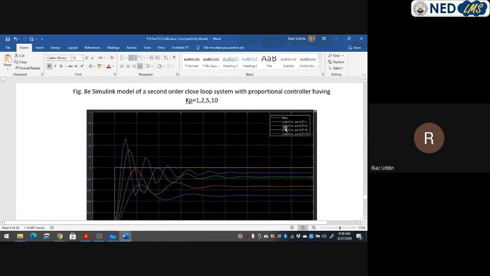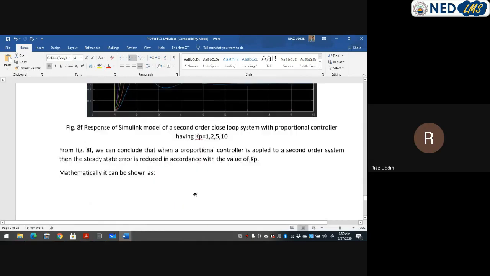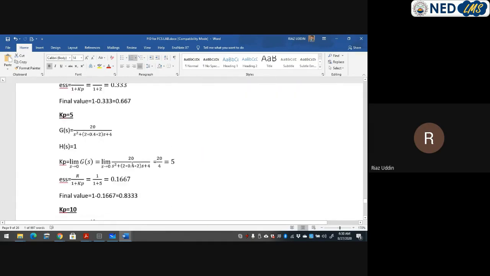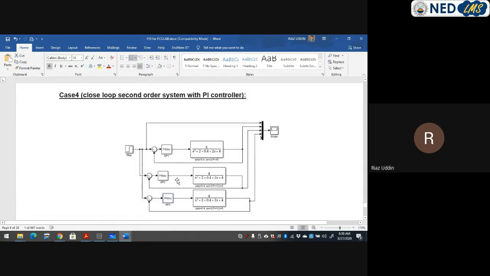For the red one p equal to 2. For the green one p equal to 5. For the violet one p equal to 10. So we can see different responses. Unless we match the numerator omega n with the denominator omega n, we will not be able to reach the desired response. So you have to do these things by yourself. There are some calculations I've done.